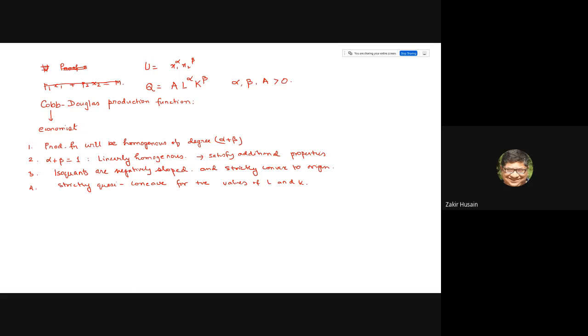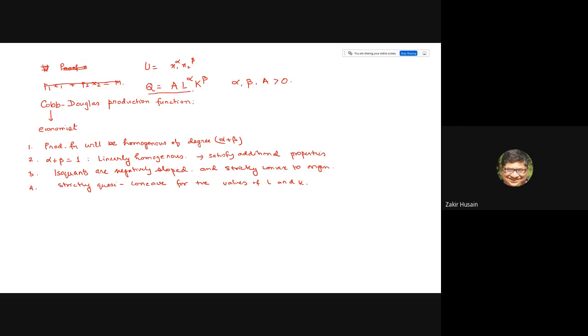And luckily, the napkins that they were using were made of paper. So Cobb took out a napkin and he wrote on the paper these 4 lines. And Douglas looked at it and said, oh, I know a function which will satisfy all these properties. He said, what type of function?